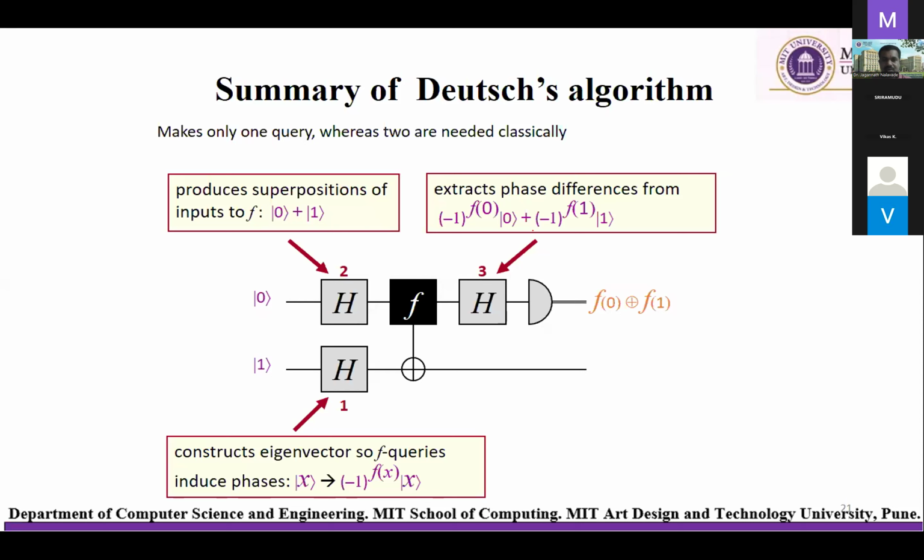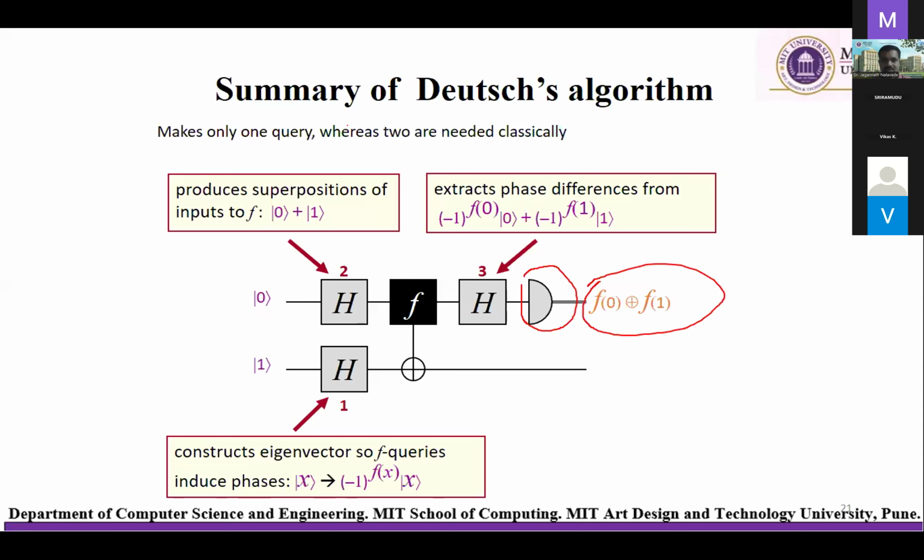And this third Hadamard gate extracts the phase differences from the output which is received from this Uf function. Okay, and at the end, using this AND gate, we will get this particular output.